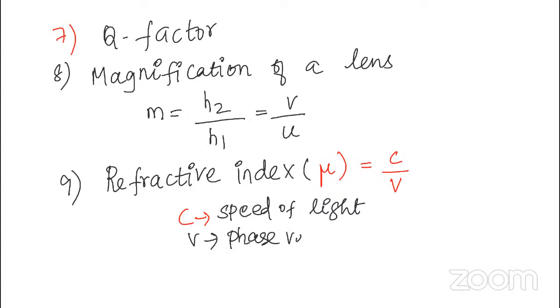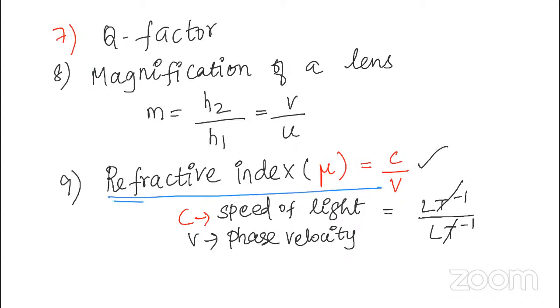What is the dimension of speed? It is L t power minus 1. And velocity is also L t power minus 1. So they cancel, and there are no dimensions. So refractive index is also a dimensionless quantity. It is easy, children.